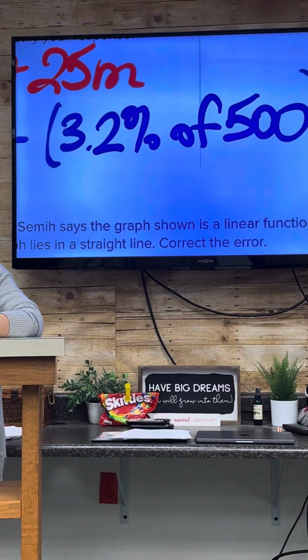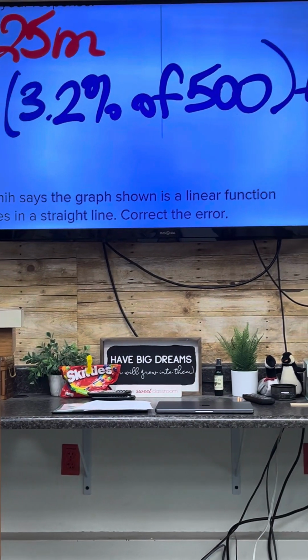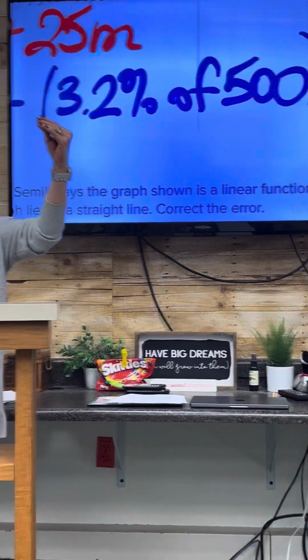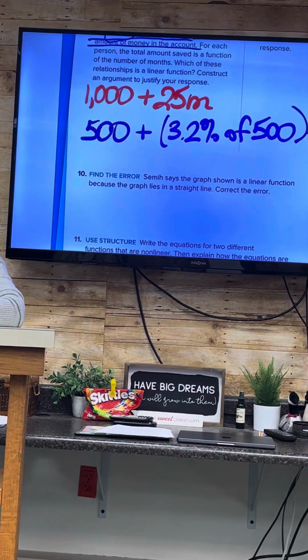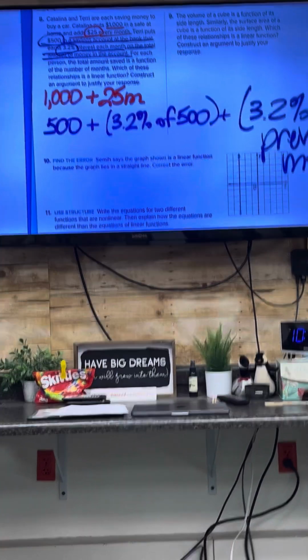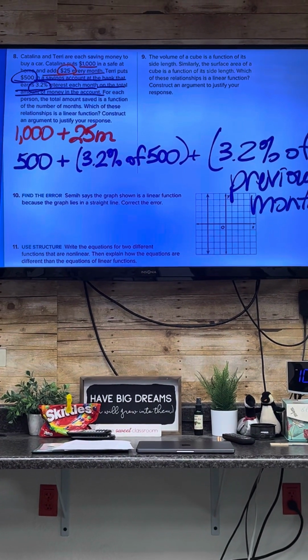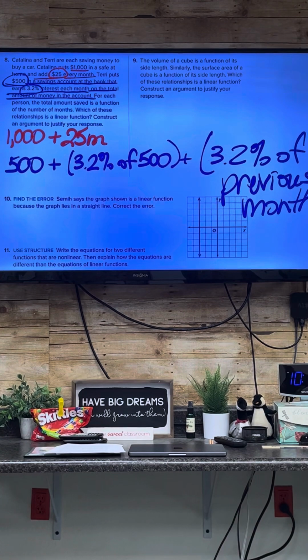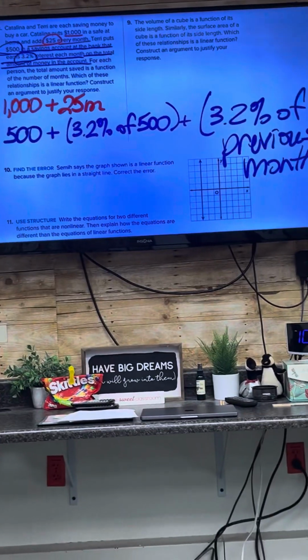So each month, the amount they earn in interest will grow what we call exponentially. Because of this, who is showing a linear function? Which of these is a linear function? Catalina's or Terry's? Say it, class. Catalina's is the linear function. Do you understand how to tell the difference in a word problem?